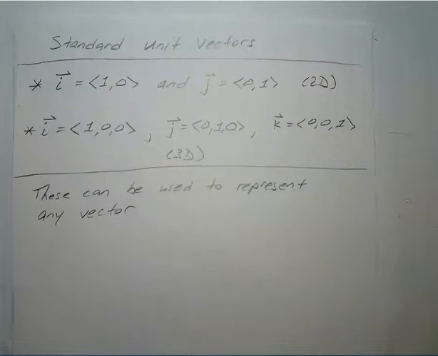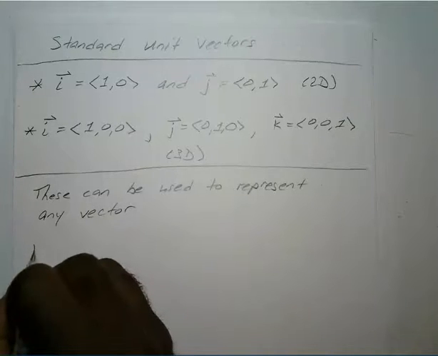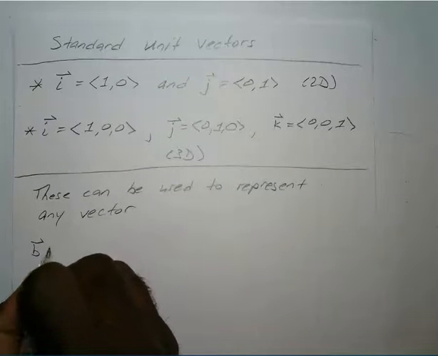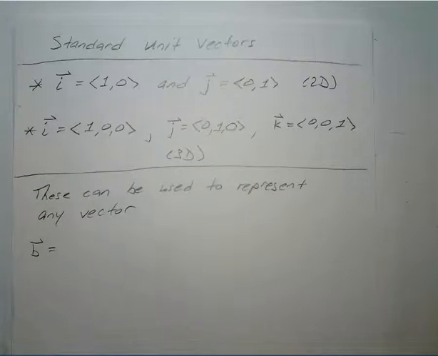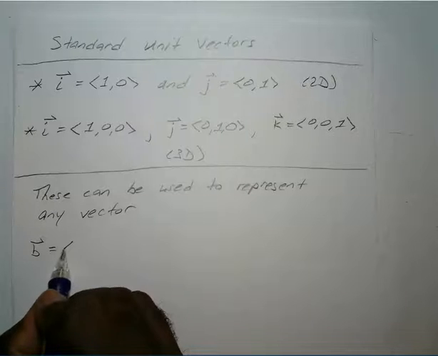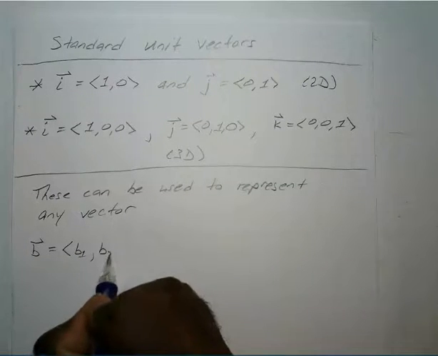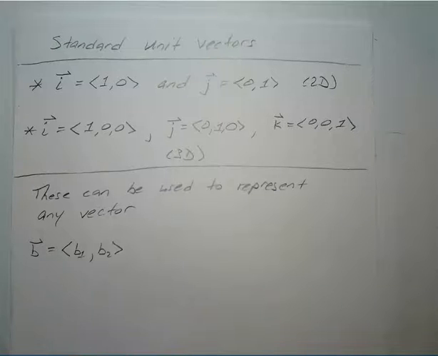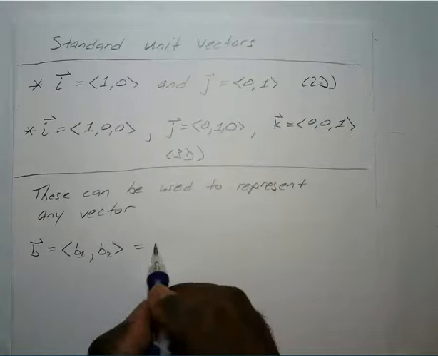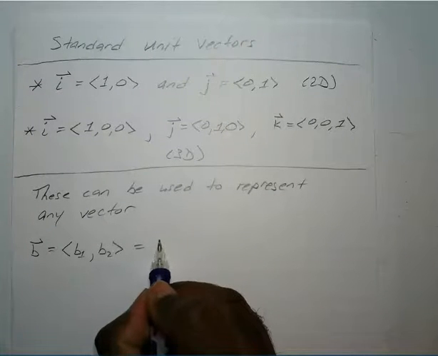So how? Let's say we had a vector B, and we know that vector B in 2 dimensions has 2 components, component number 1 and component number 2. We can actually separate those into 2 terms.